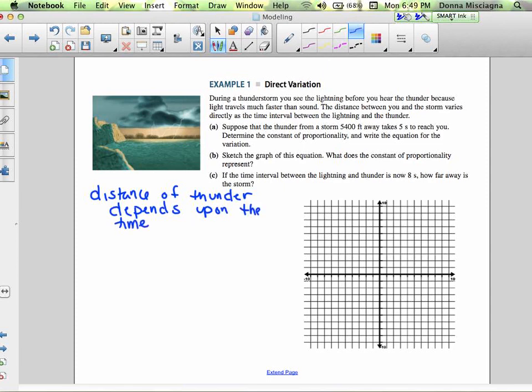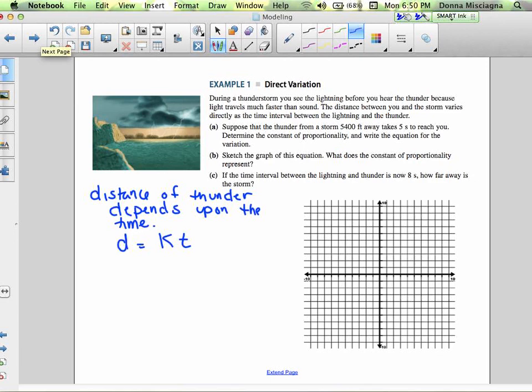So the distance is dependent on the time. So distance equals k, our constant of proportionality. We don't know that yet. We're going to solve for it. And let's use t for time. So d and t are variables, and k is what we're going to solve for here.